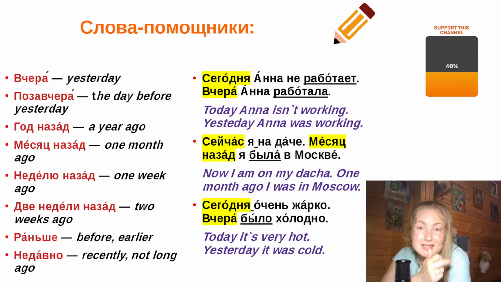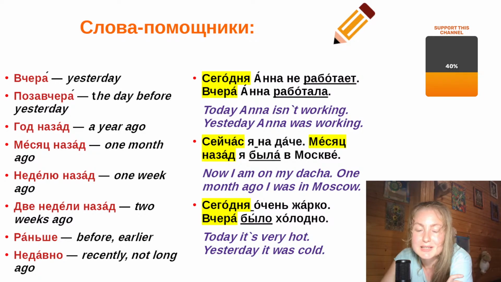And in the past tense, вчера было холодно. It will be in English: yesterday was cold. So if we talk about weather, we don't use any subjects like it. No subjects.